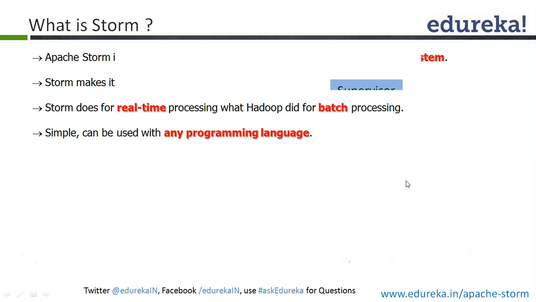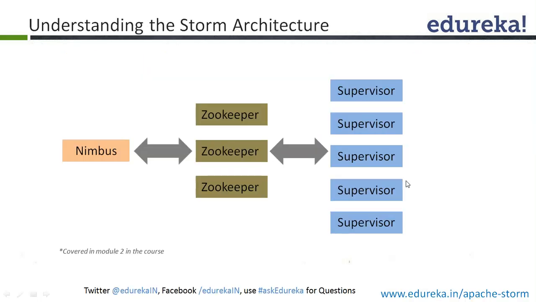I'll move to the next slide. We are going to discuss a bit of understanding of the Storm architecture. Again, this is going to be at a very high level, of course. But still, it's all about what the different actors in the architecture are, and what roles they play.